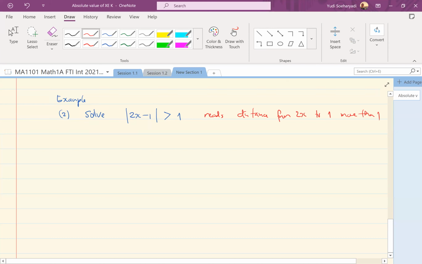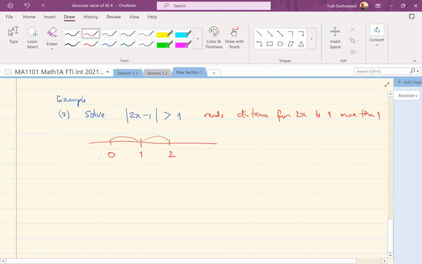All right, so if you solve geometrically, just like this one, distance 1, 1 to the right, so it's 2, 1 to the left, that's 0. Okay.